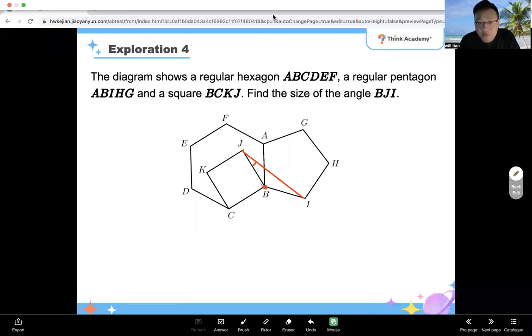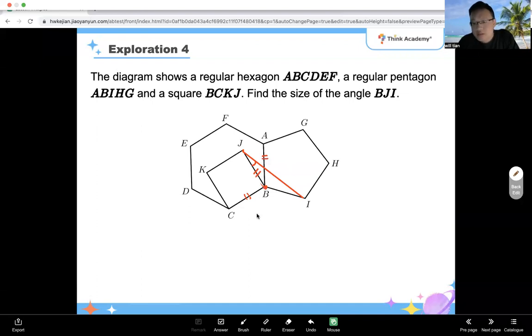Is that an isosceles triangle? Yes, Jasmine? It is an isosceles triangle. But why? Because the edge of the square is the same as the edge of the hexagon, which is the same as the edge of the pentagon.